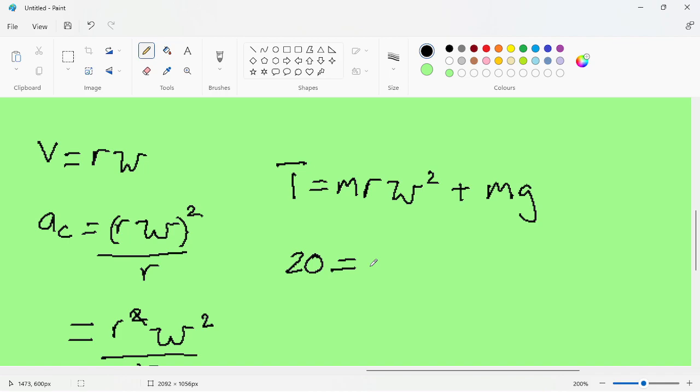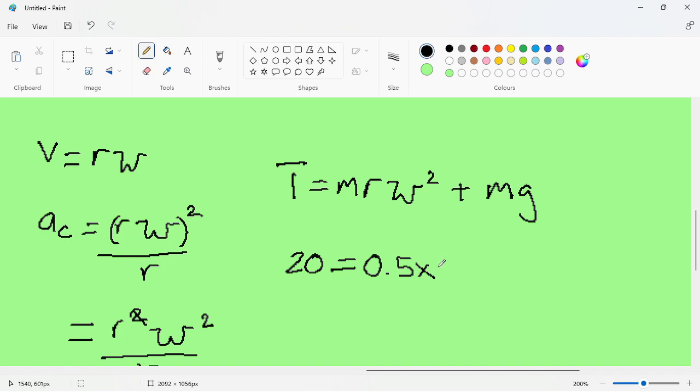If you need to convert the final answer, you can do so if the question states. But when writing down the numbers, write them in SI units. So even though the mass was 500 grams, it is 0.5 kilograms. So m is 0.5.